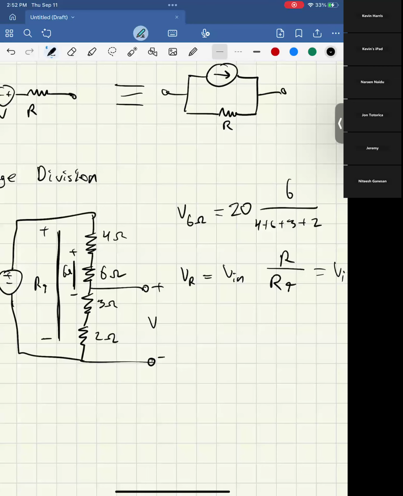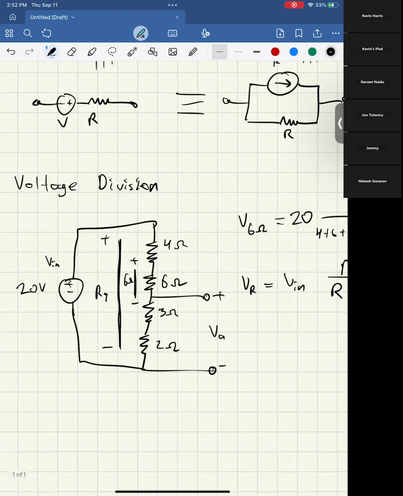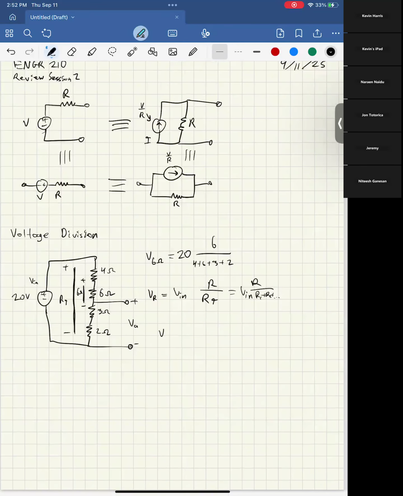If it was asking you to find this VA, you could think, okay, I know there's 20 volts on that input, and from here to here, I have 3 plus 2 ohms, because they're in series. So I can do the same thing. Here, VA would be equal to that 3 plus 2 over 4 plus 6 plus 3 plus 2 times that 20 volts. So here, I should actually get out my calculator and fill in all these numbers.